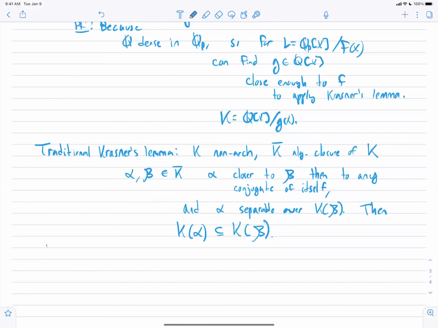One nice thing about this is the proof is one line. I'm going to leave it as an exercise, but just consider embeddings of K(alpha, beta) into K bar that fix beta.